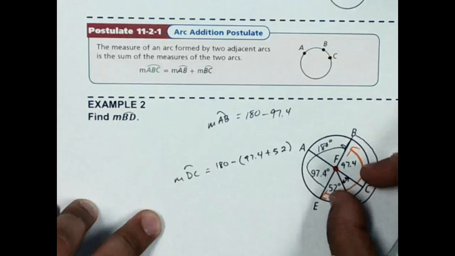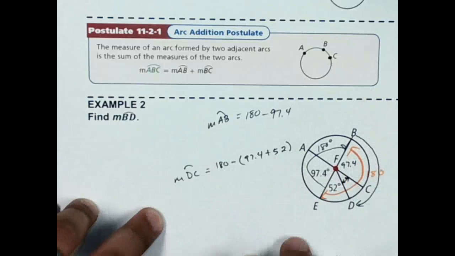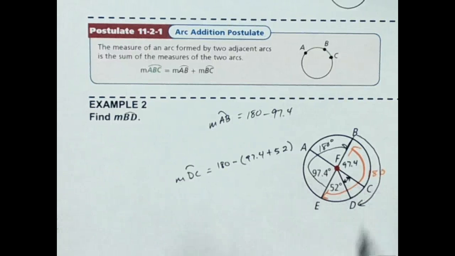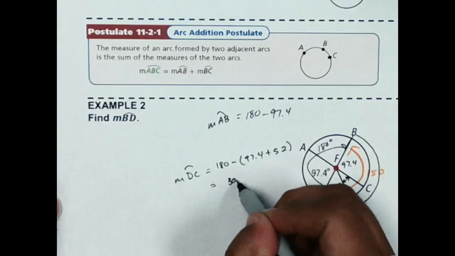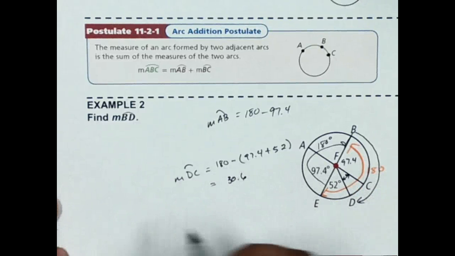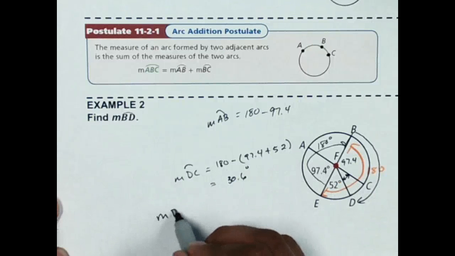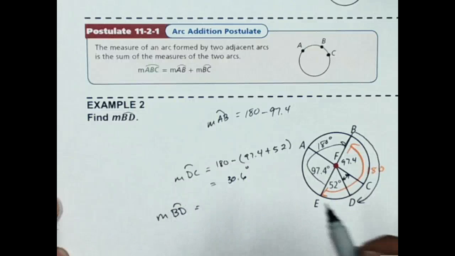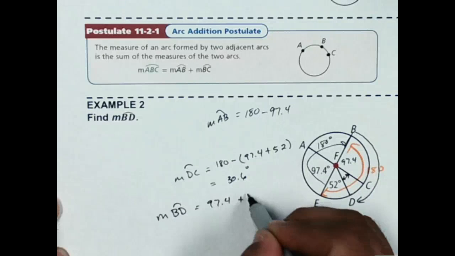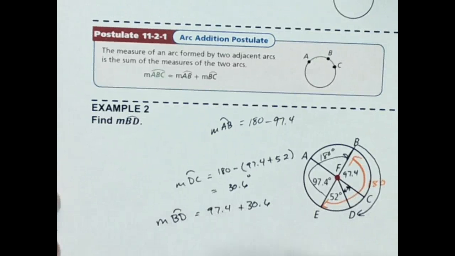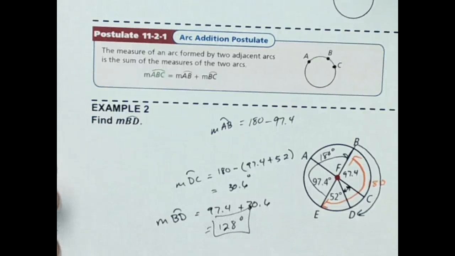I have 2 out of the 3 pieces, so I can add these 2 and subtract from 180 to get this little bitty one right here. Putting that in the calculator, I get 30.6 degrees. So the measure of arc BD is going to be 97.4 plus 30.6, which comes out to be 128 degrees.